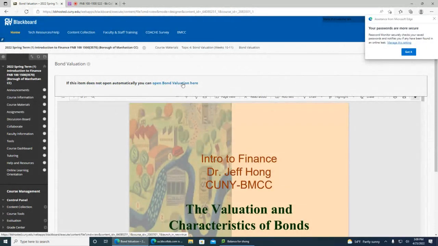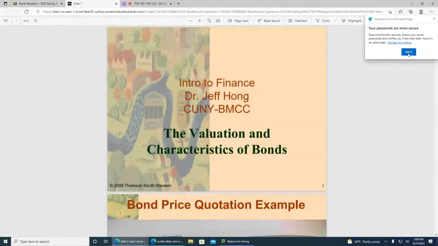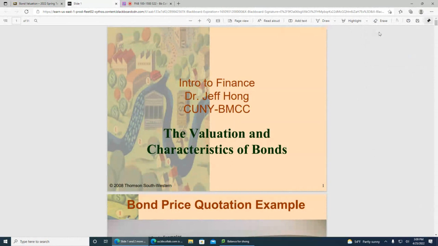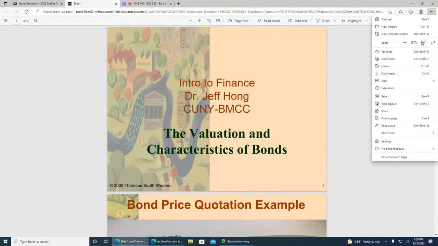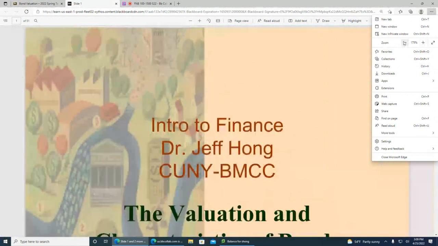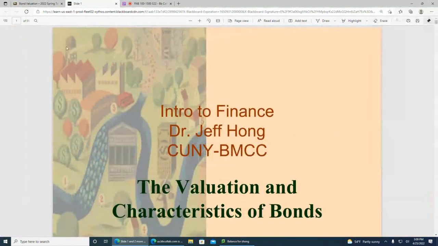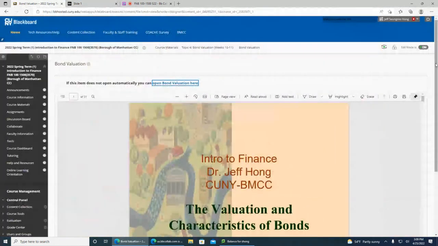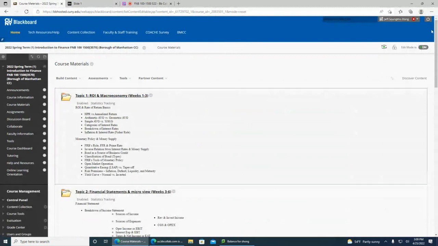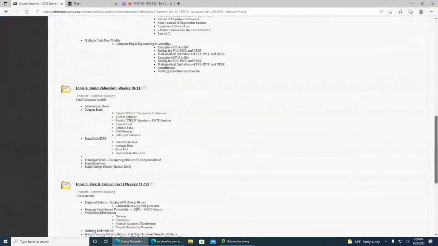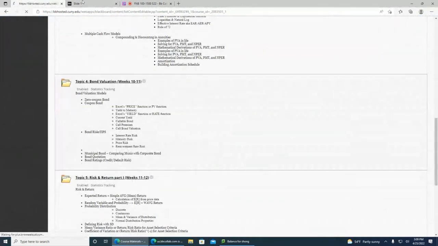We'll download everything again. And you must also download the same file, especially the Excel file.